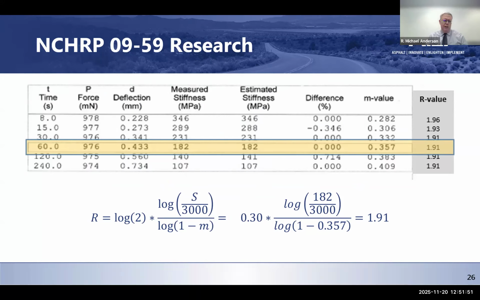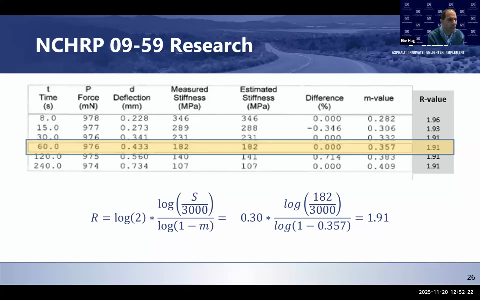Eventually, if that's what people wanted to do, I think the BBR manufacturers could change the report to do that calculation, just add a column to their report. So from the standpoint of a technician and lab operations, those two parameters, Glover-Rowe and R value, really do nothing. It's all data that you're already getting. It's just using it in a different way.